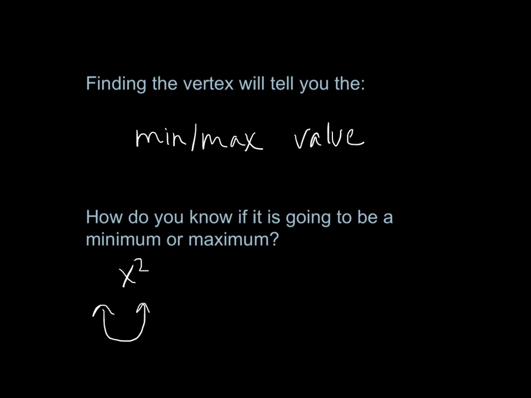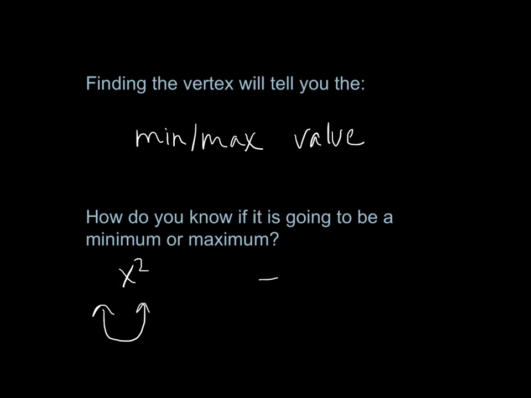Now that we reviewed the basic shape of the graph of the quadratic function, we're going to focus today on finding the vertex, which will tell us the minimum or maximum value of the function. How are we going to know if it's a minimum or maximum value? Remember back to when we graphed basic functions and transformations. If I had x squared, the basic shape was a U shape facing up.